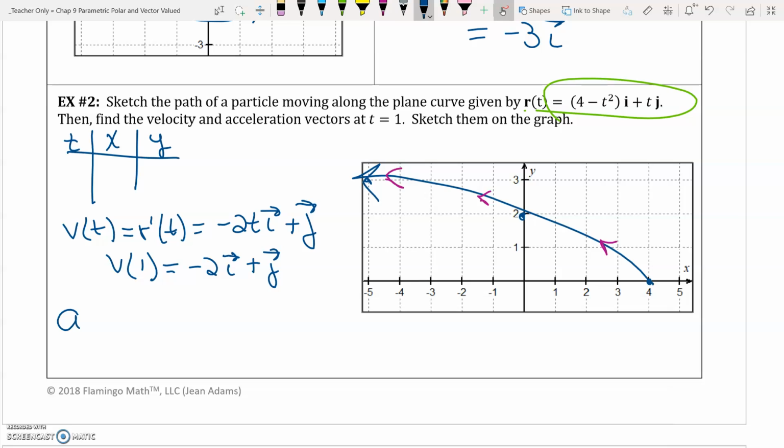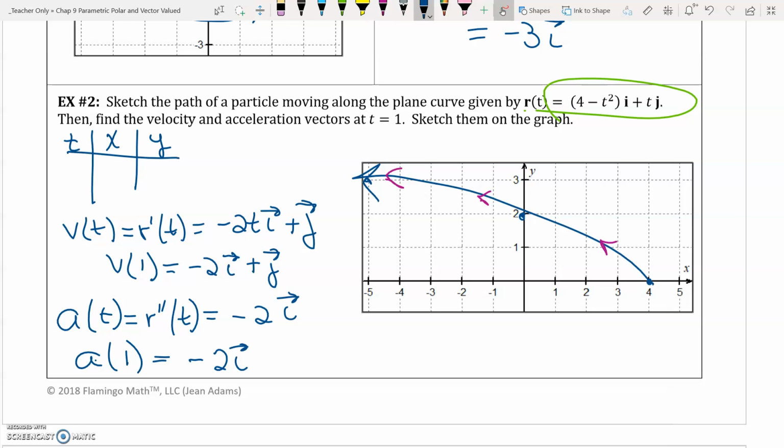Then finding the acceleration, I'm going to take the second derivative. And when I do that, I get negative 2i. So at the time 1, I'm going to get negative 2i because it's a constant, so it'll not change.